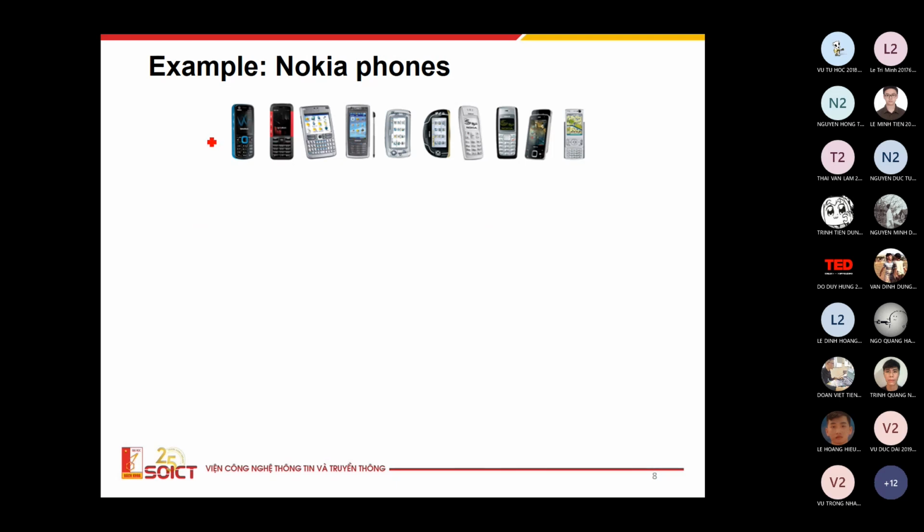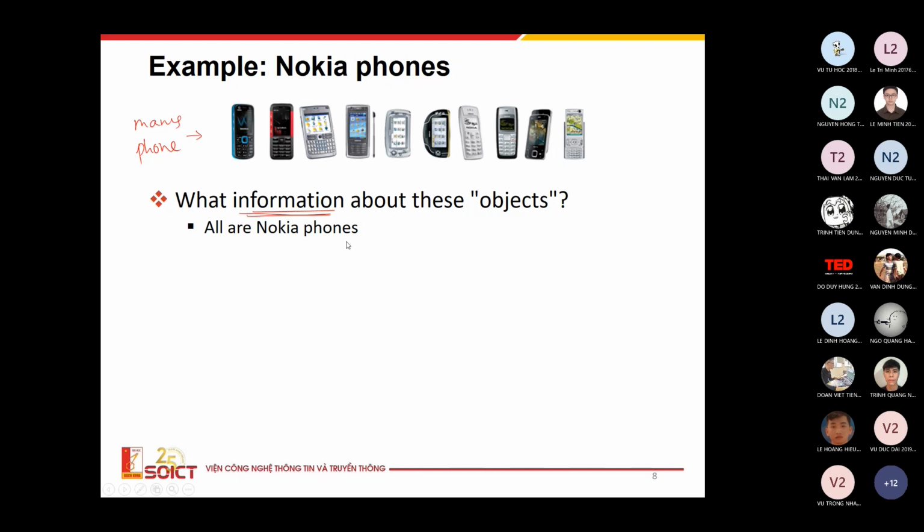For example, you have many objects, several Nokia phones, and maybe someone says to you that you have to describe this phone to him or her. So how can you use some information to describe this object? Firstly, maybe just the brand of the phone.